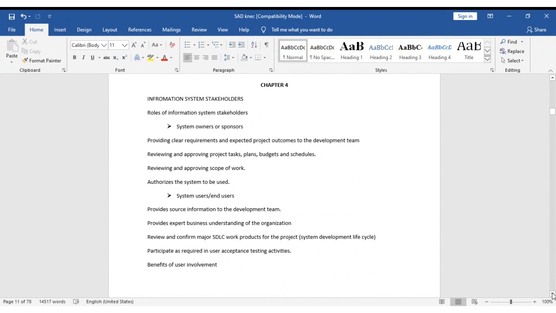They provide clear requirements and expected project outcomes to the development team, reviewing and approving project tasks, plans, budgets, and schedules. Again, they review and approve scope of work and authorize the system to be used.